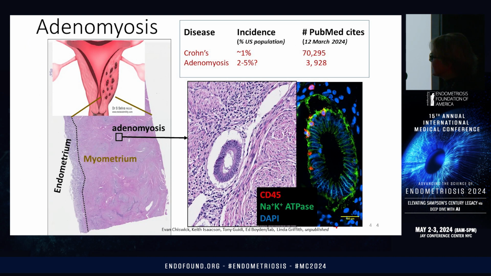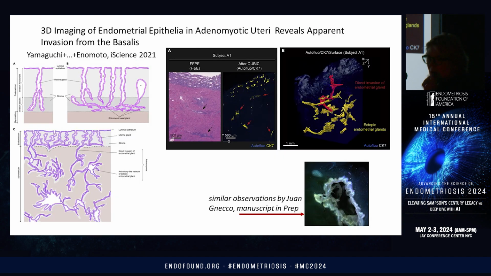The other aspect, of course, is there's a sibling of endometriosis, adenomyosis, and it's been discussed somewhat at this meeting. Never enough, probably, to discuss, but it's when you have features of endometrial-like tissue in the myometrium, and again, very similar pathology, but with some notable differences, as I know there was at least one talk that went into that here, something that my clinical collaborator, Keith Isaacson, is hugely interested in.